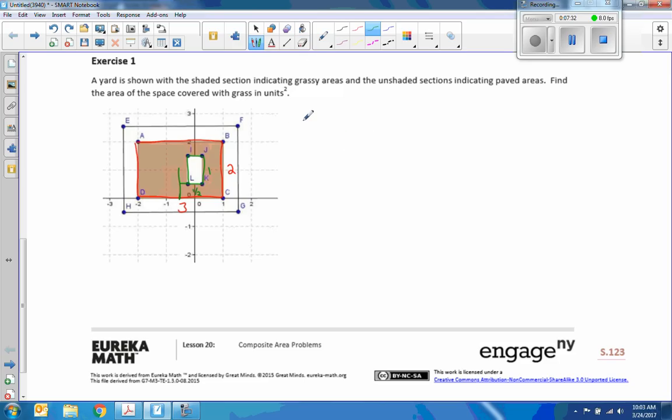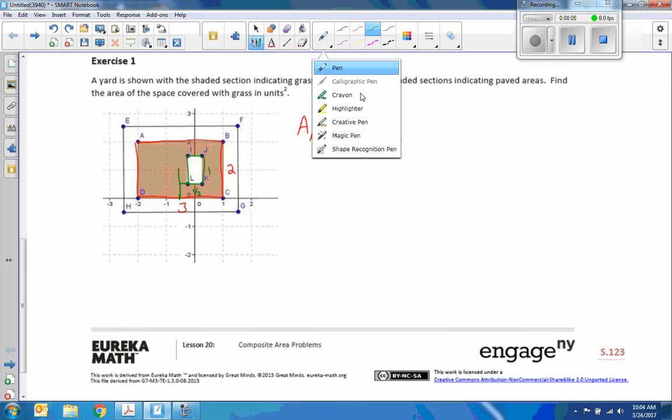So I have the area of rectangle A, B, C, D, that's this whole thing, and I want to subtract, let me use the right colors, the area of the green, which is rectangle IJKL.